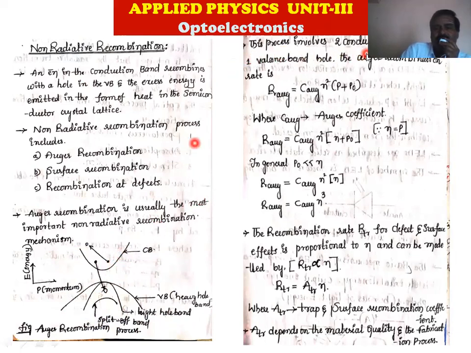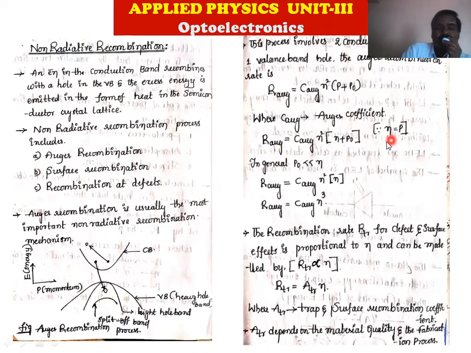This process involves two conduction band electrons and one valence band hole. The Auger recombination rate is R_Auger = C_Auger n^2 (p + p0), where C_Auger is the Auger coefficient.